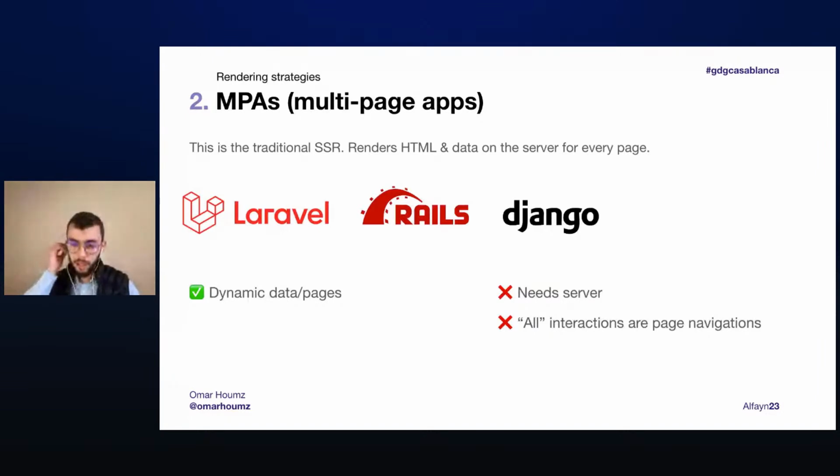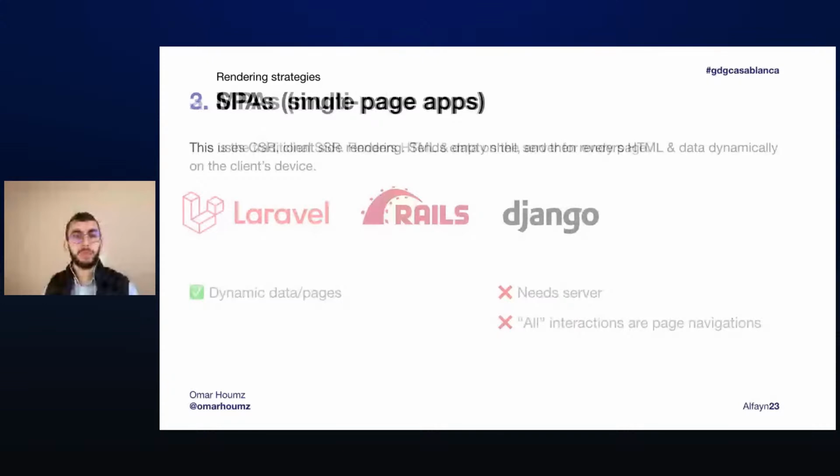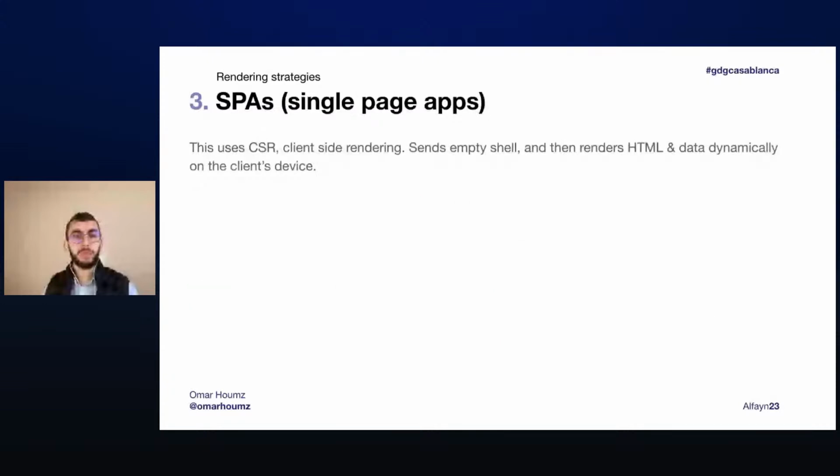We started adding some interactions to the page with this strategy, which is MPA, multi-page apps, and that started to evolve a little bit, and then until we got single-page apps. It's this uses CSR, client-side rendering.